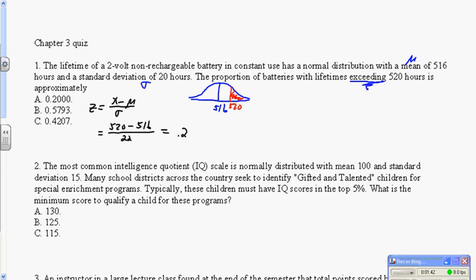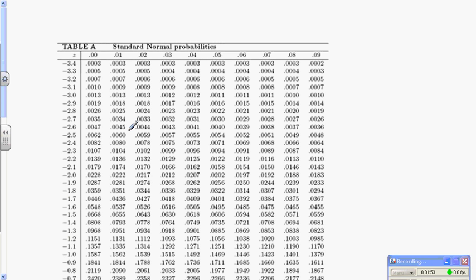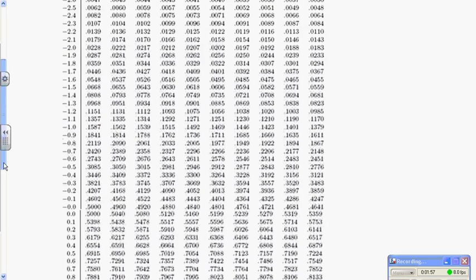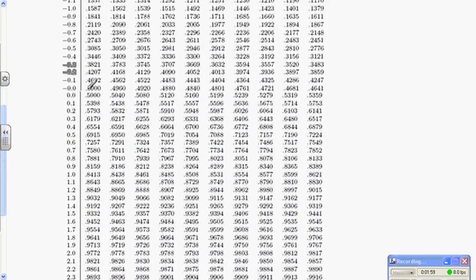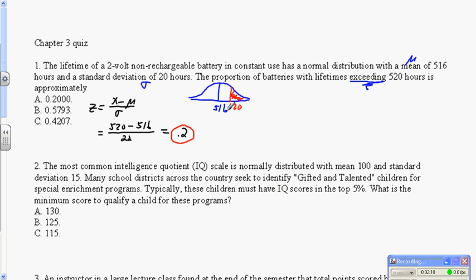A z-score of 0.2 on a z-table would be right here, 0.5793.